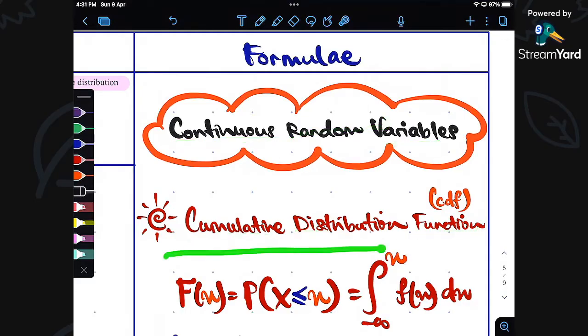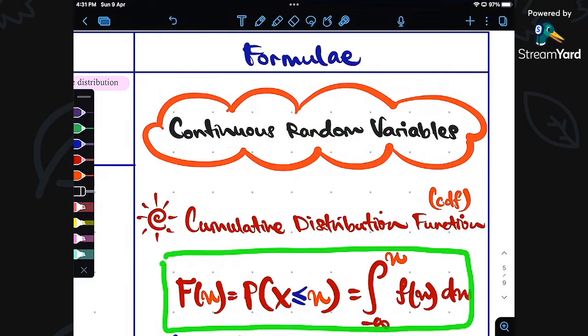So we have a formula here for the cumulative distribution function, or CDF.